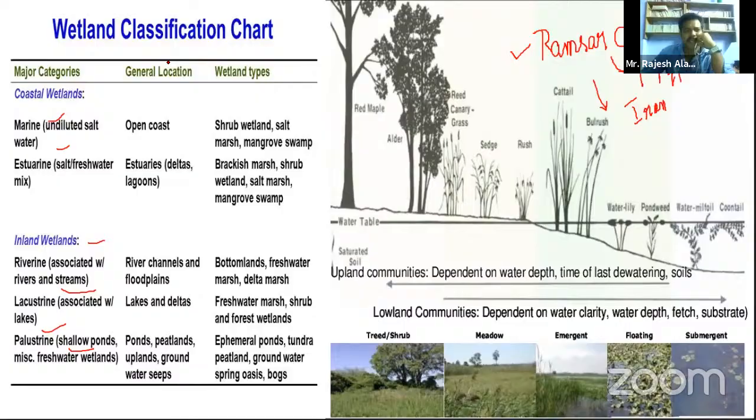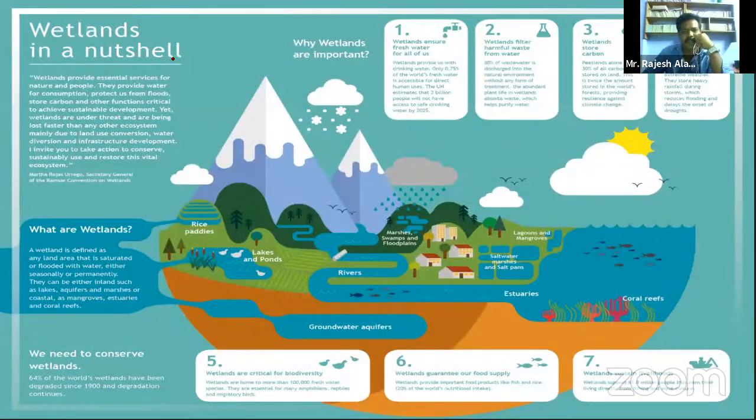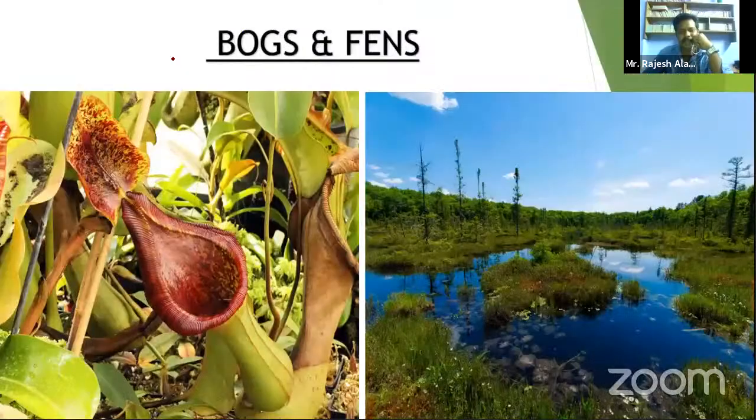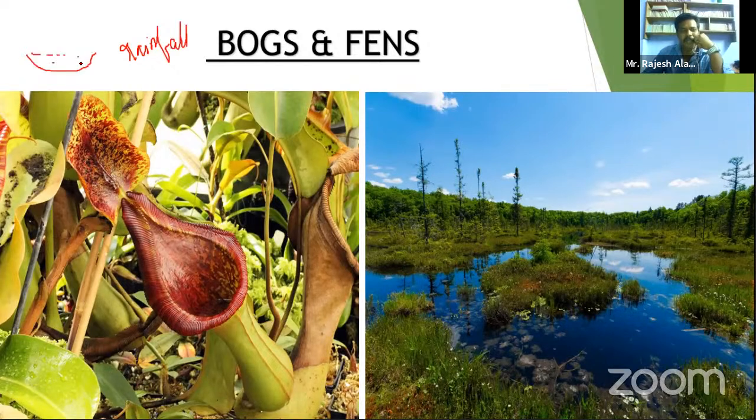So here I have given some examples of wetlands: bog and fen. Whenever a wetland is getting water through rainfall as the main source, with no other water source, only rainfall. Say I have a secluded land. In this land, water is stored only whenever there is rainfall. So it can also be called a wetland, right, sir?